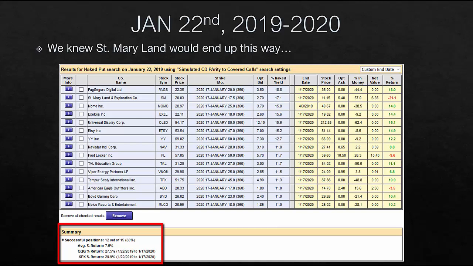It's probably around that same range of 3.7% at one point before it started to lose. We see 12 out of 15 were successful for an 80% success rate, but again, an average yield of only 7.6%, not hitting double digits. Meanwhile, the Qs and SPX up 27.5% or almost 21%, respectively.